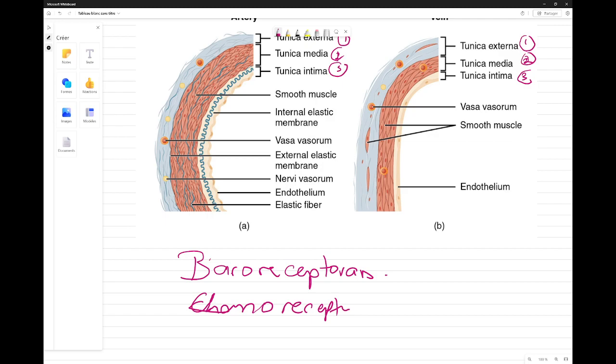We'll see if there's a low pH or high pH in the blood, and how the body reacts to that. So those should be the main things that we know about the structure of the arteries and the veins. That should be fine.